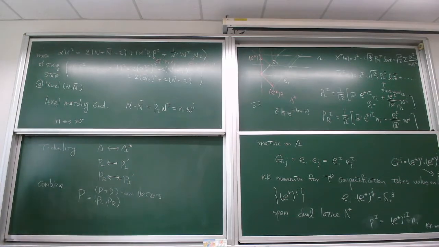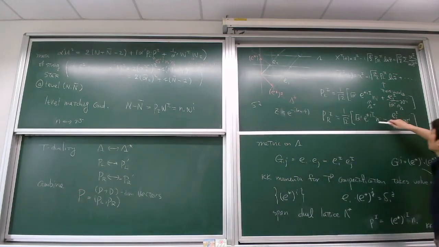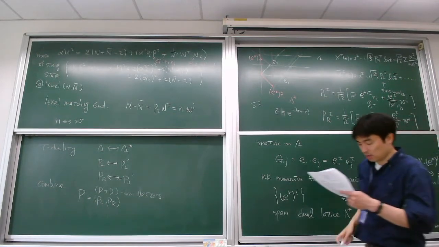If you combine the PL and the PR, we simultaneously consider the linear combination of lambda and lambda star.